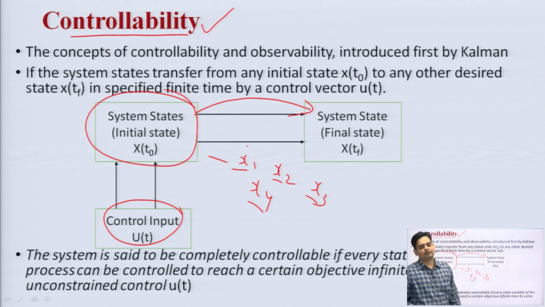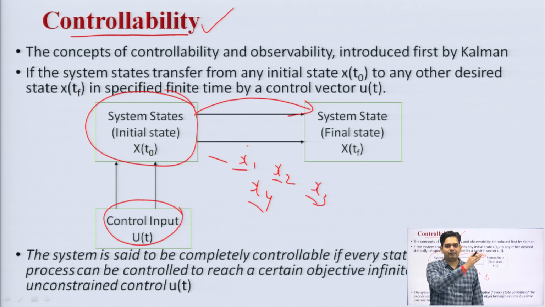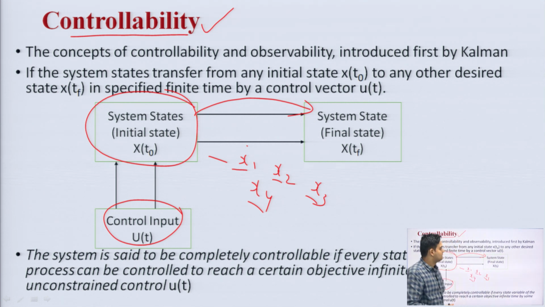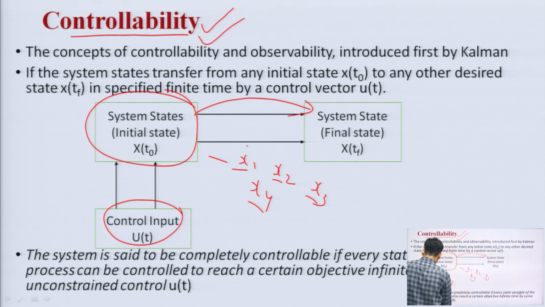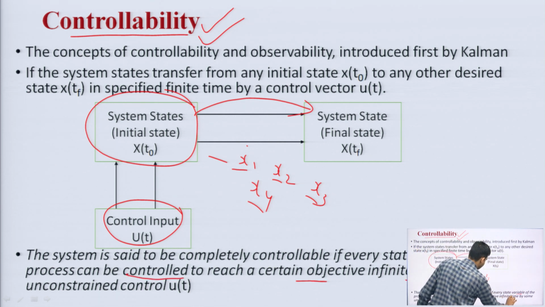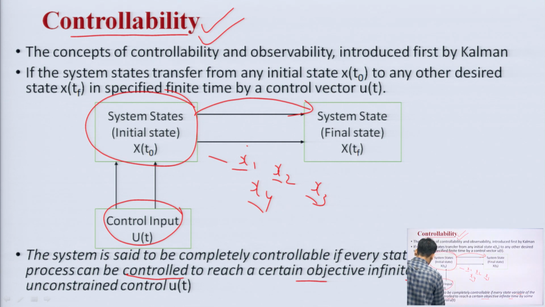It means I am getting my desired state or not on the application of my input. So, this explains controllability. The system is said to be completely controllable if every state variable of the process can be controlled to reach a certain objective in a finite time by some unconstrained control u(t).